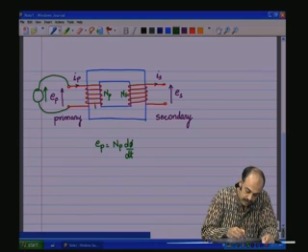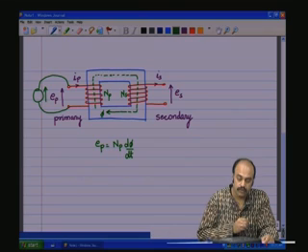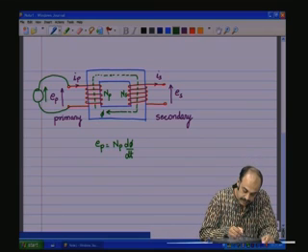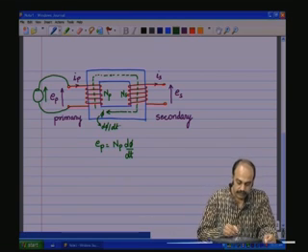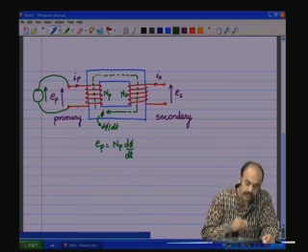So, there will be a flux which is set up in the core, and that has a d phi by dt. That is what is causing the induction of the voltage across the coil.